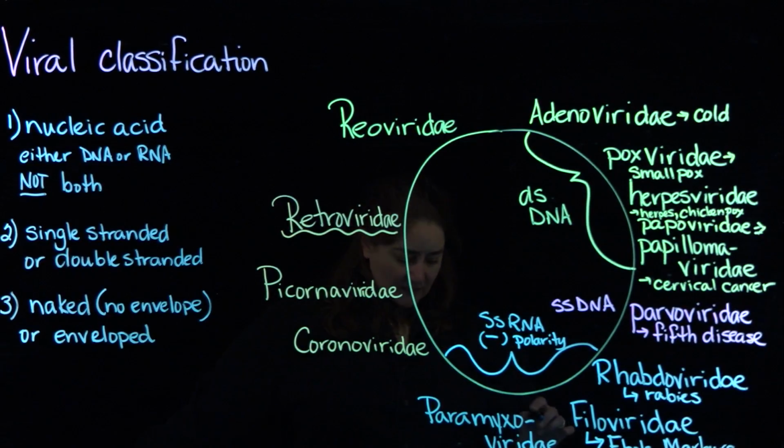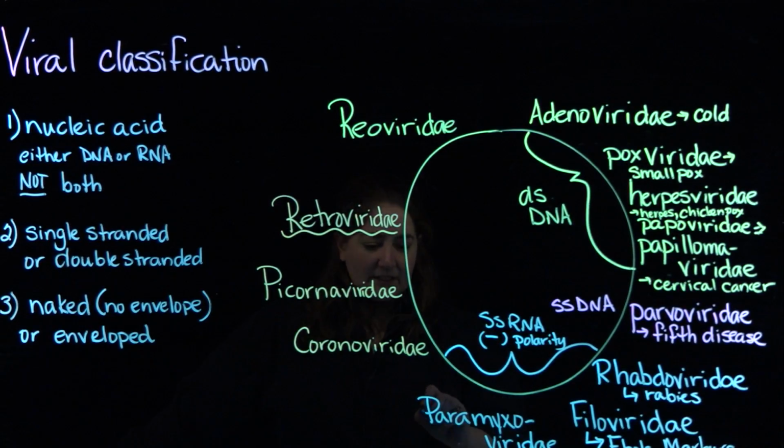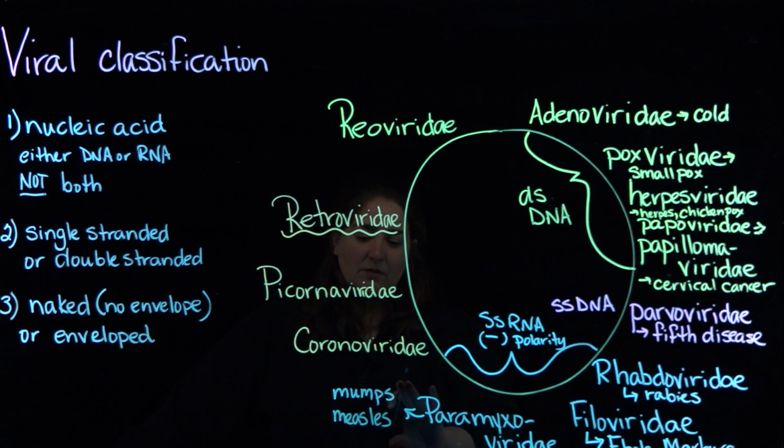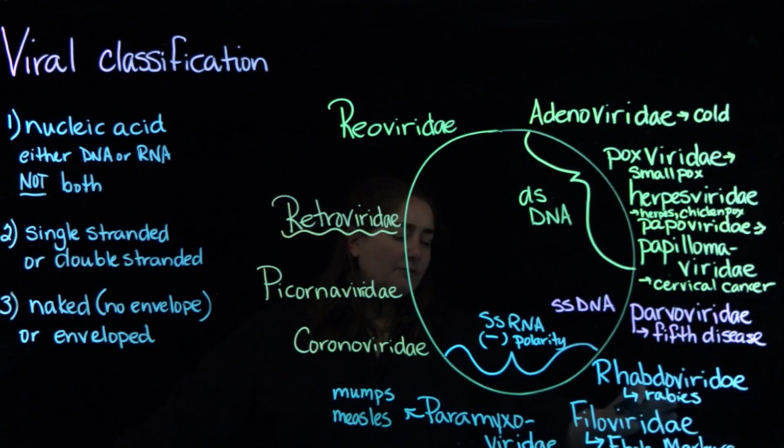The Paramyxoviridae now, this one is associated with the mumps and also measles fall into this family. So mumps, measles, Ebola, rabies, these are all single-stranded RNA viruses, okay?